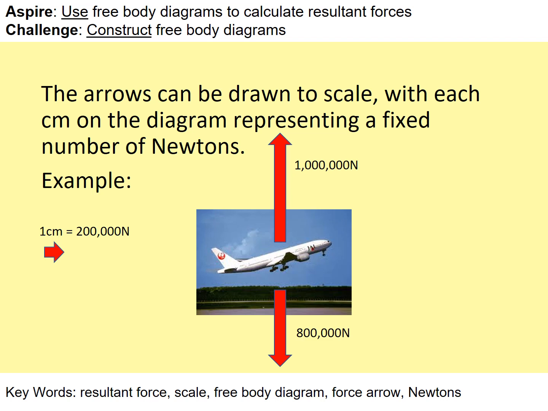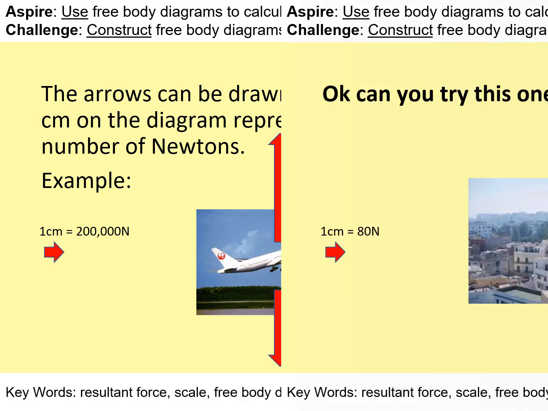And if I was using this scale on the side, so 1 centimeter represents 200,000 newtons, then my top arrow would be 5 centimeters and the arrow pointing down would be 4 centimeters. And that's what a free body diagram is, and that's how we use it.